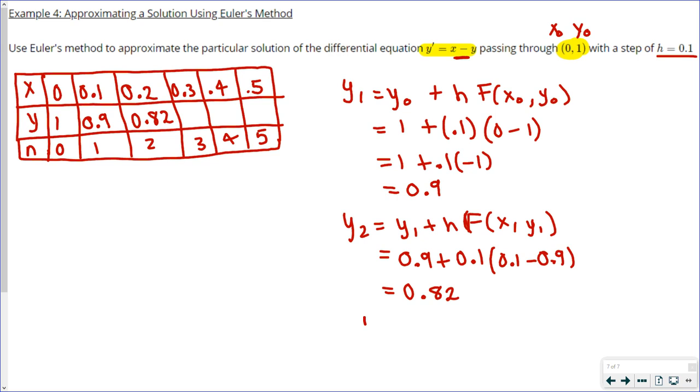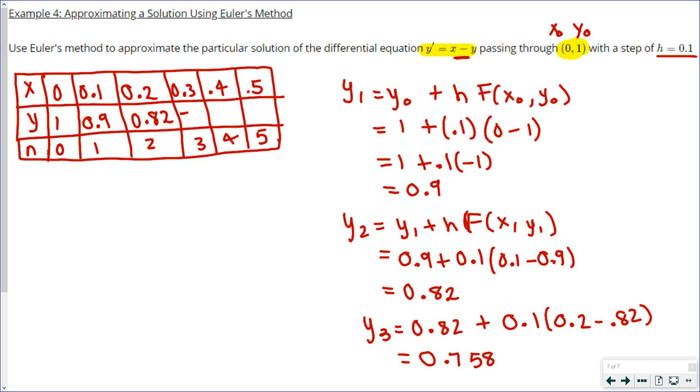Then we want to find y3. For y3, we take our y2, which was the previous, plus our h, times our x from the previous minus our y from the previous. We plug it into our calculator and we get an answer.